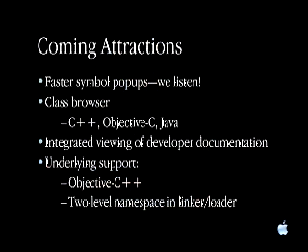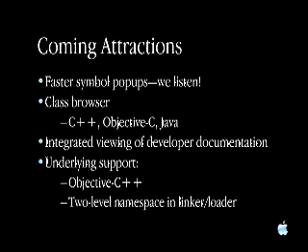So I had mentioned that we were going to talk a little bit about the future here. We aren't doing that in most places in this conference, but we wanted to let you know that we are hard at work on the product, working to improve it both for your benefit and for ours. Let's take a look at some of the things that we've got coming up. We've gotten a fair amount of feedback both from our external users and from internal users that the symbol pop-ups are kind of slow to get, because I have to index my project, and I can't get a symbol pop-up on a file that's not in my project if I just want to bring up another file.